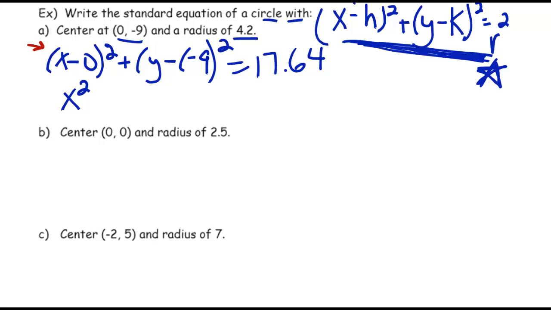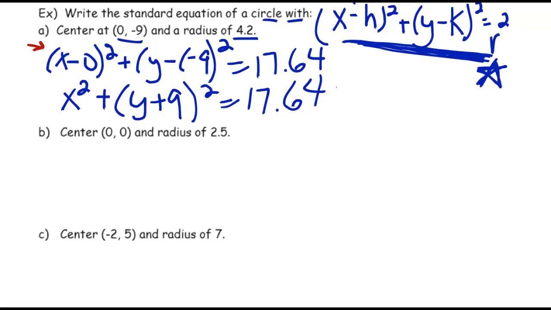So if you just remember this form and you plug in 0, 0, you're just going to get the x squared plus y squared. And then I'm going to get plus, now this one is going to be y plus 9, squared equals 17.64. And that is the equation of that circle.